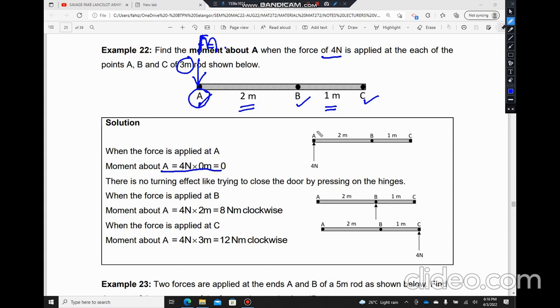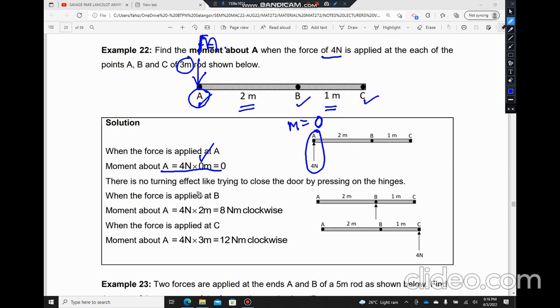Sebab dia letak moment about A, dia memang letak dekat point A. So bila dia letak force 4 Newton kat sini, dia tak ada jarak untuk A. So we assume that the distance is 0 meter. So moment about A for point A is 4 Newton multiplied by 0 meter, it is equals to 0.